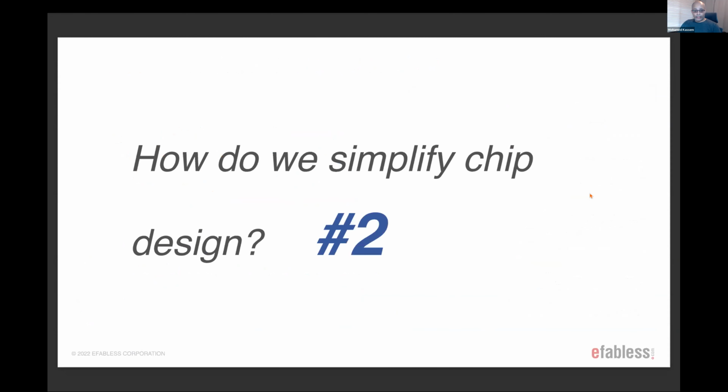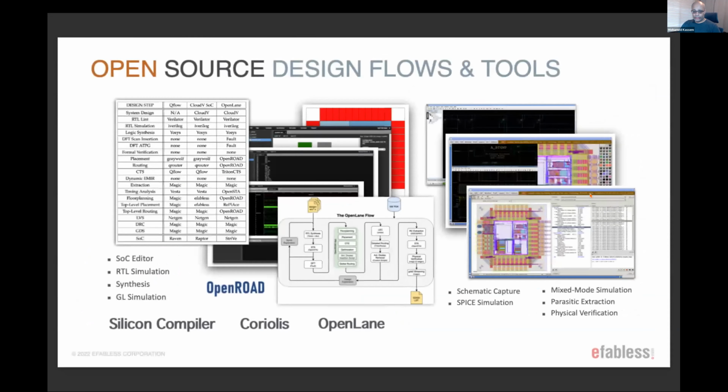The second thing in the design simplification I mentioned is the EDA tools. So the EDA tools are a range. We're used to the industry standard tools that are driving a lot of progress in the semiconductor industry. But there is a need for opening the funnel widely.